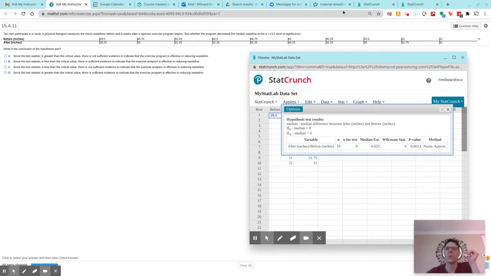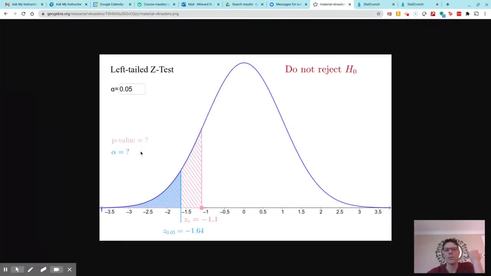So what I wanted to show you, we've got a left-tailed hypothesis test. And because we've got fancy computers, right, we just always use the p-value and see if the p-value is less than the significance. If it is, then we reject the null hypothesis. If it isn't, we don't reject. Okay, but there's another way to do this.